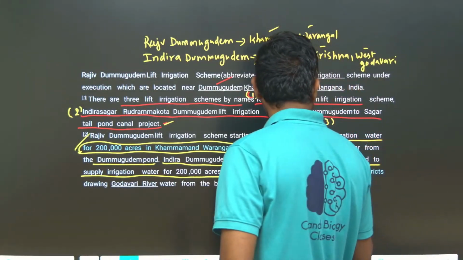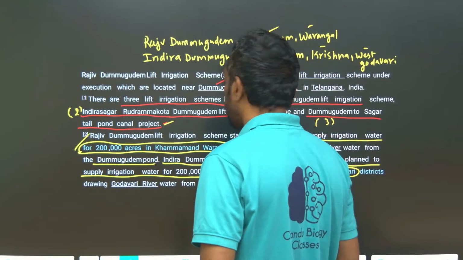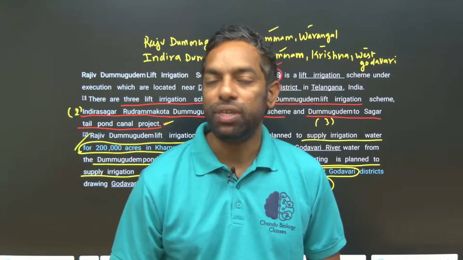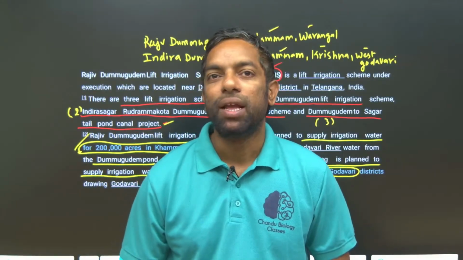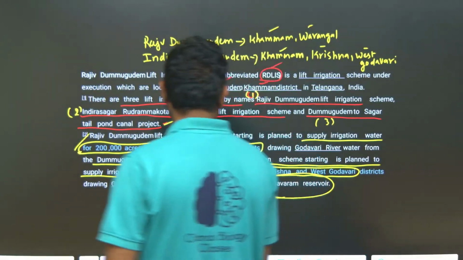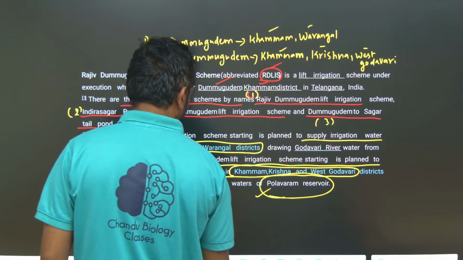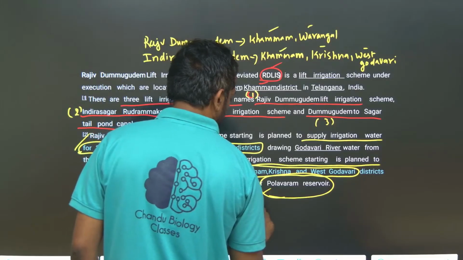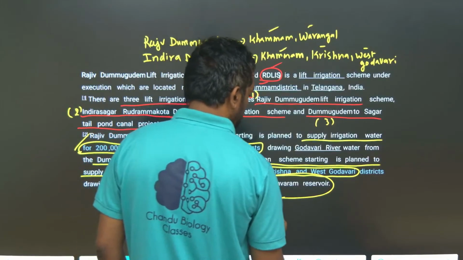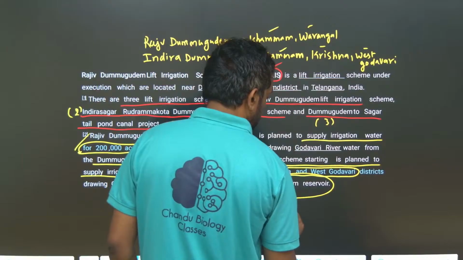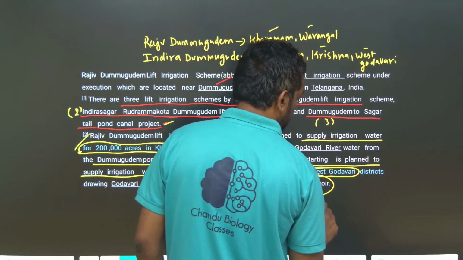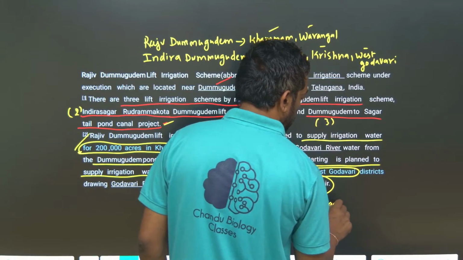They can ask you: the Polavaram reservoir is relevant to which irrigation project? Of course, there is a flow of water from Godavari to the Nagarjuna Sagar canal.